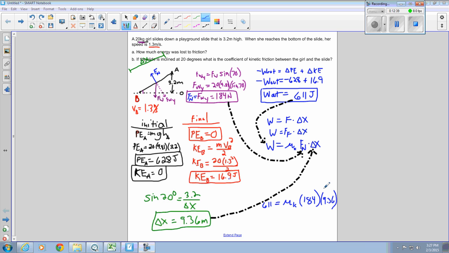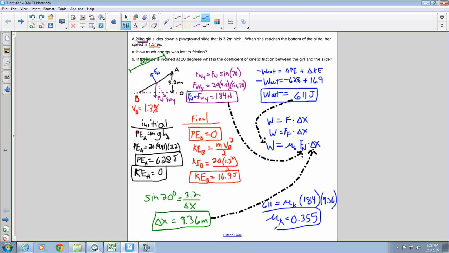Now you are ready to calculate and solve for the coefficient. Do your calculations, and you'll find that the coefficient of kinetic friction is equal to 0.355. And that is your answer for part B.